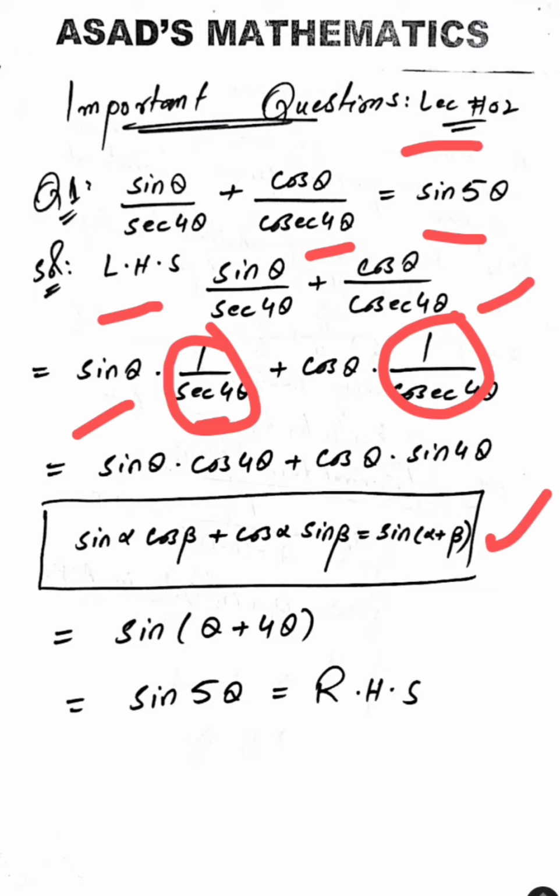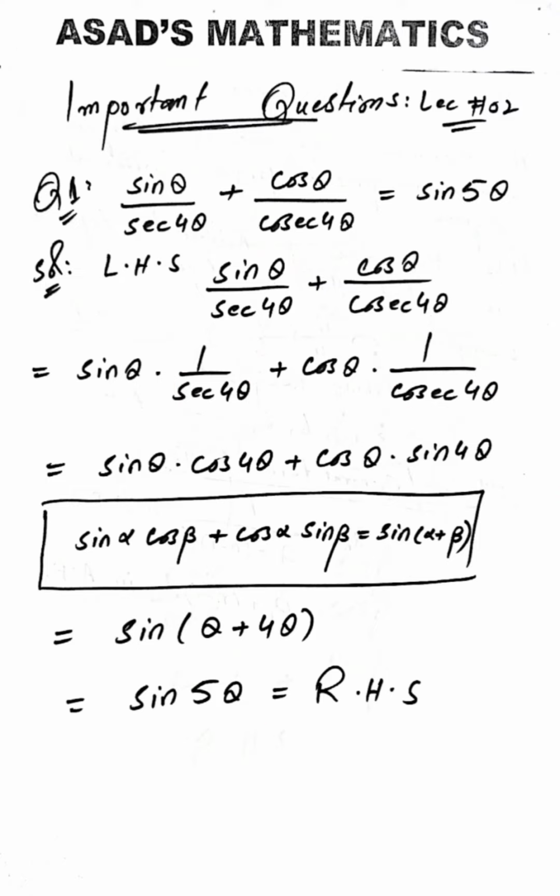According to this formula, the required statement is sin theta plus 4 theta, which is equal to sin 5 theta. Which is our required result.